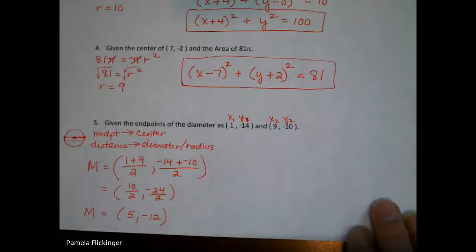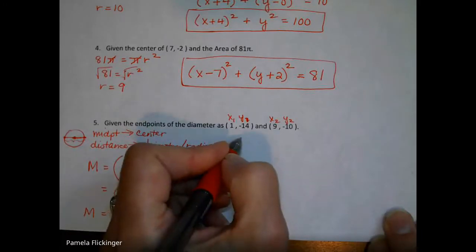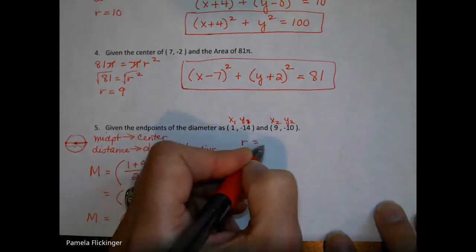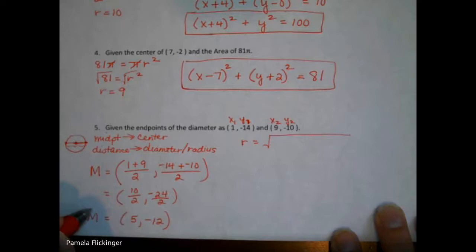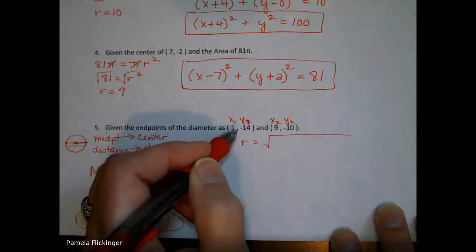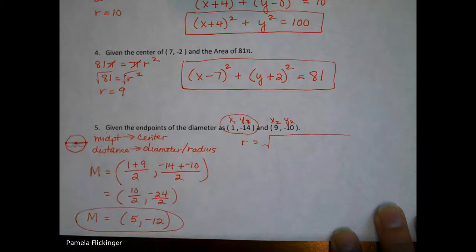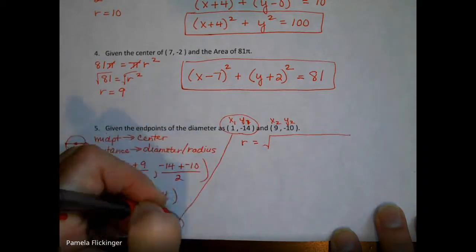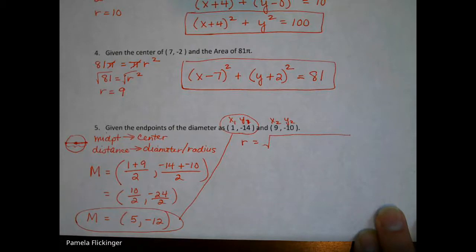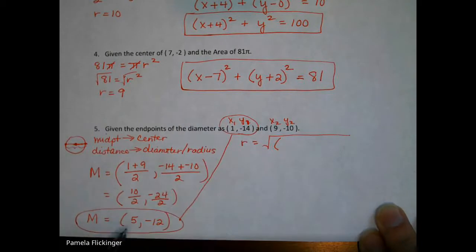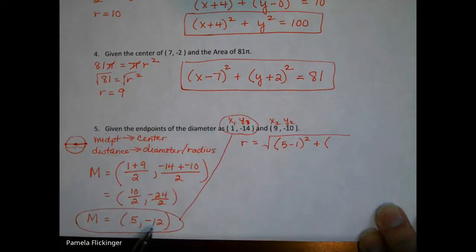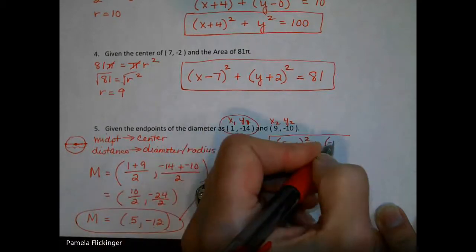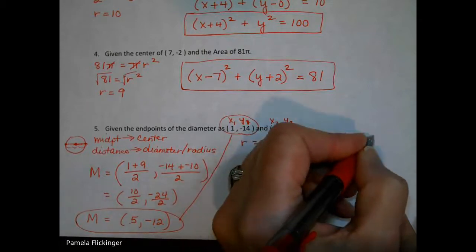Now, when I do the distance formula, I want the radius, not the diameter. I'm going to take this point and one of these, so I think I'll use the 1, negative 14. Those are the two I'm going to find the distance between. So I've got 5 minus 1, quantity squared, plus negative 12 minus negative 14, quantity squared.